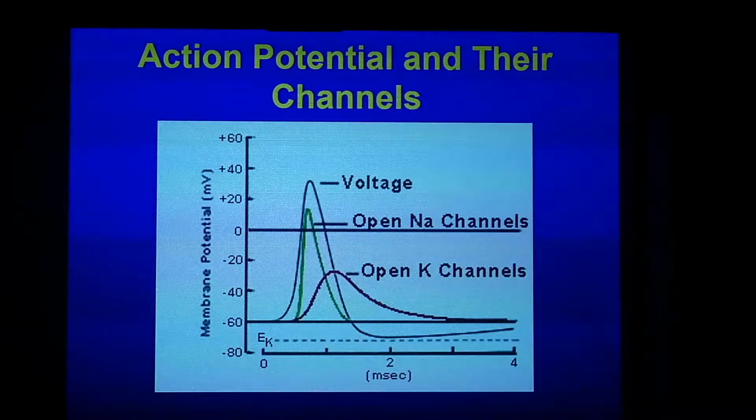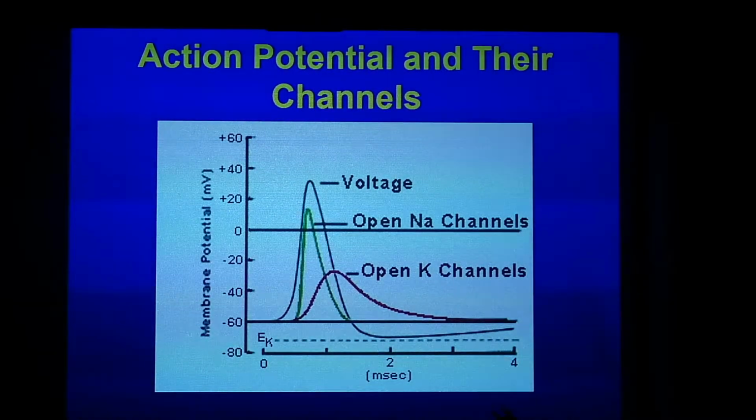And at the same time, if you look at this curve for the open potassium channels, we still have quite a few voltage-gated potassium channels open in this time frame. So for a short period of time the sodium channels are mostly inactivated, so we have very few of them available to flicker open and closed, and we have a predominant open set of voltage-gated potassium channels driving the membrane potential close to the equilibrium potential for potassium.